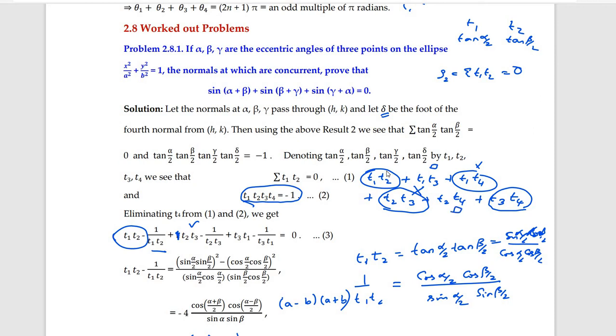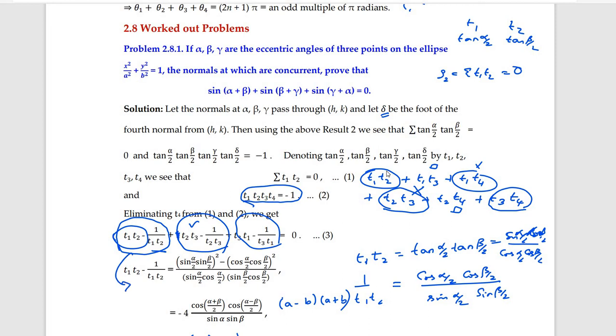We have T1 T3, and this T2 T4 can be replaced by minus 1 by T1 T3. So with the help of this, it is now rewritten in this way. Now we are considering these 2 terms together, and then these 2, and then these 2. So first we will consider this.